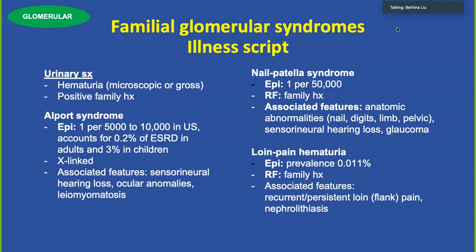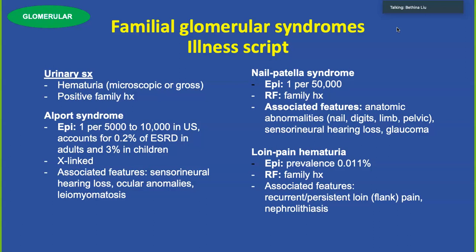So additional familial diseases to keep in mind include Alport syndrome, nail-patella syndrome, and loin pain hematuria. The presentation is characterized by hematuria that can be microscopic or gross, as well as a positive family history.